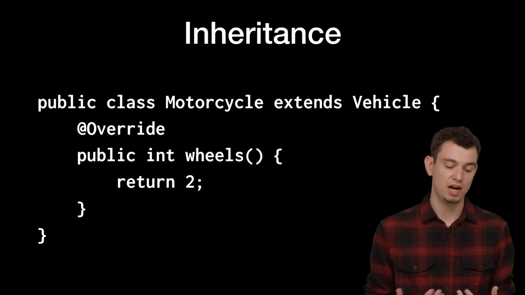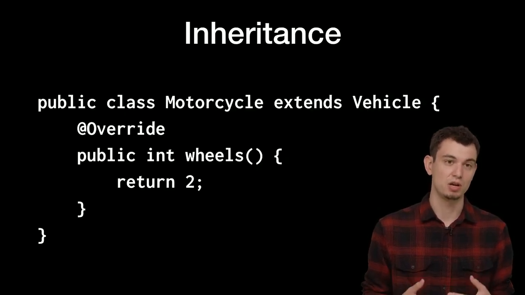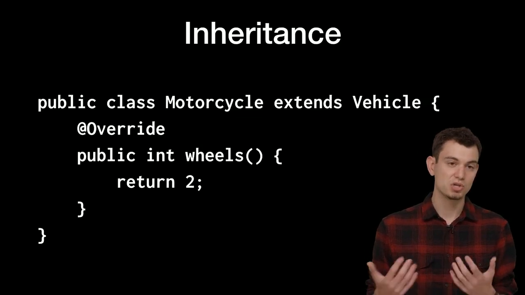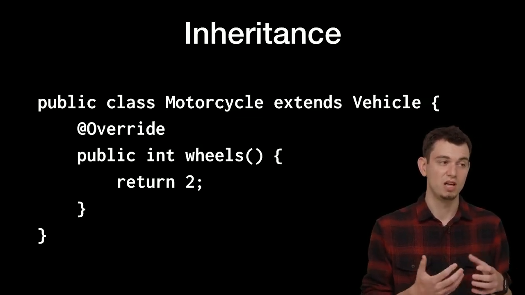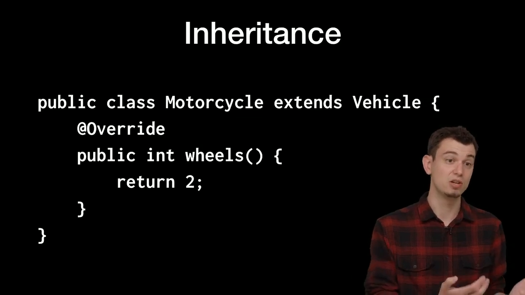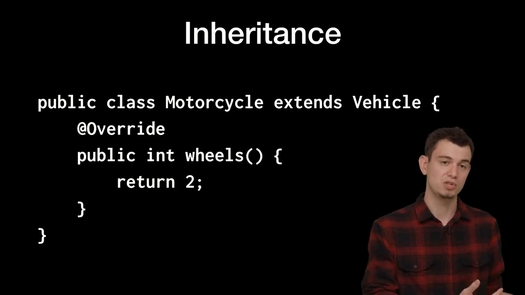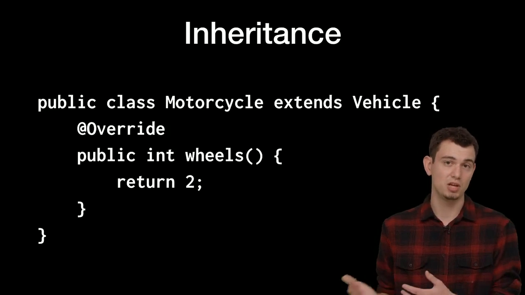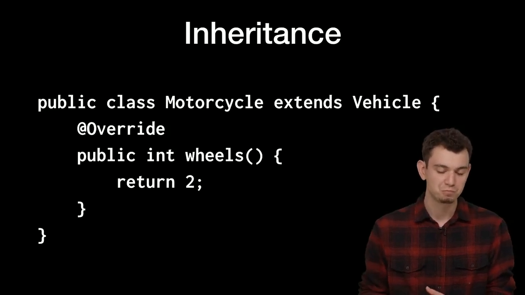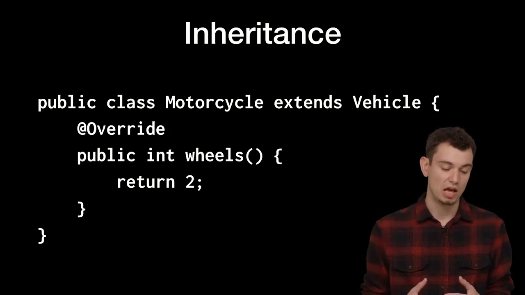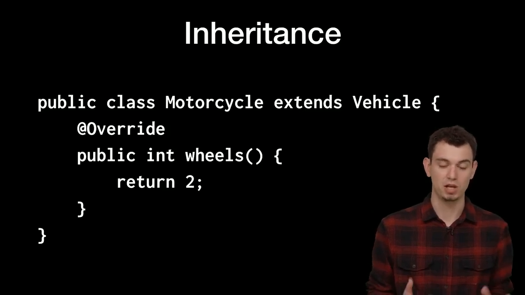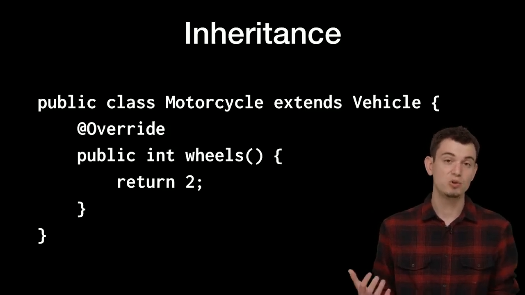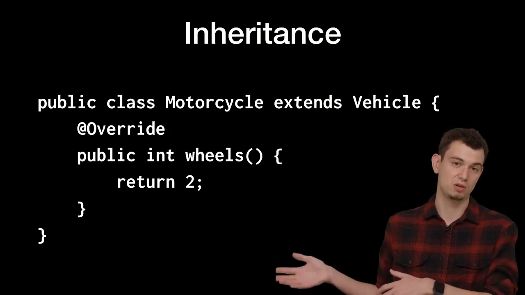But let's say now that I'm writing a class to represent a motorcycle. And a motorcycle is basically a subclass of a vehicle. You can think of a motorcycle as a type of vehicle, meaning it shares many of the same properties, but some things are a little different. So to capture that, I'm going to start declaring my class in the same way. I'm going to say public class motorcycle, and then I'm going to say extends vehicle.